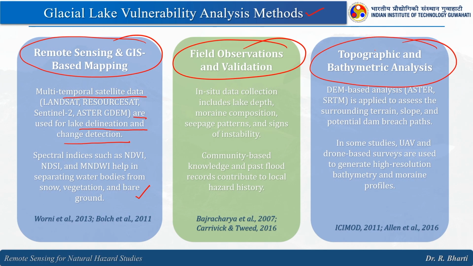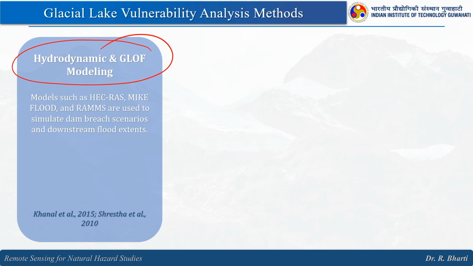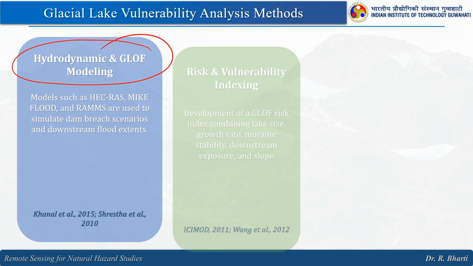Then topographic and bathymetric analysis. Since we are talking about a glacial lake, the surface extent is one thing, but you also need to understand the volume of water stored in the lake. For that, bathymetry analysis is very important. Then comes hydrodynamic and GLOF modeling, which we have seen in the previous lecture.